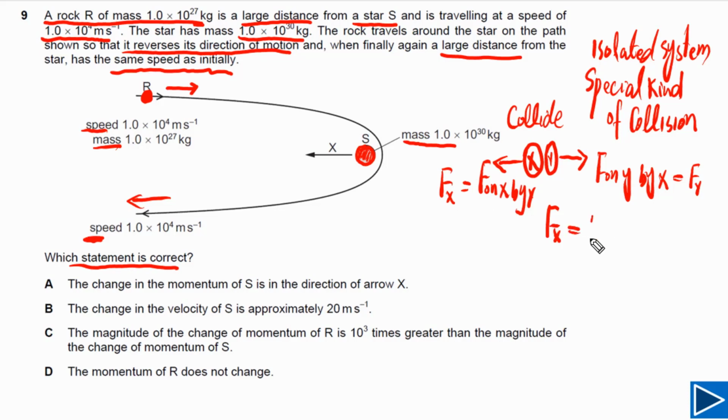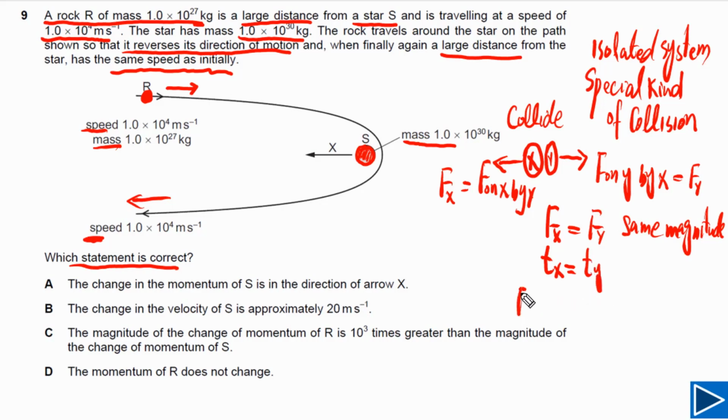We can simply say Fx is equal to Fy in magnitude, even though the direction of force on these two objects is different. Now the second thing we need to understand: the time of impact, meaning the time the force Fx is acting on X, is the same as the time the force Fy is acting on object Y. So the time of impact is also the same.